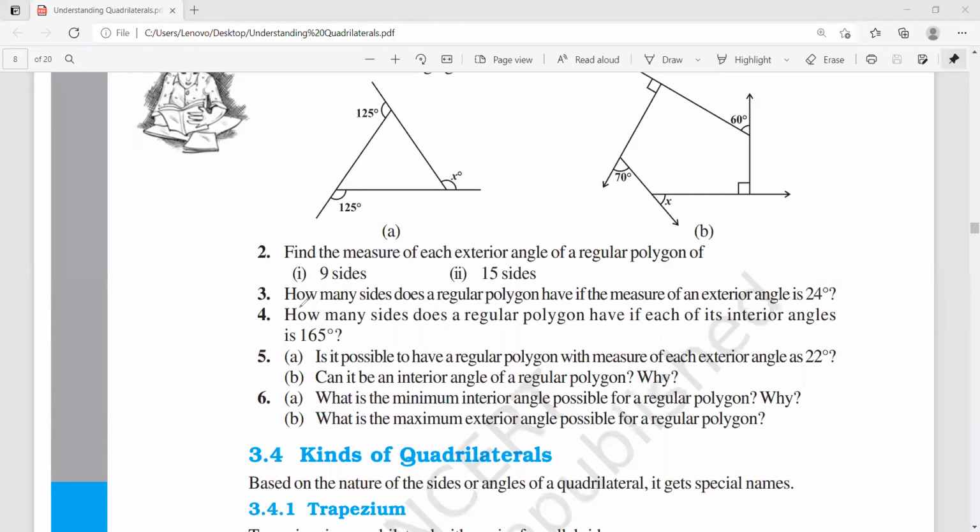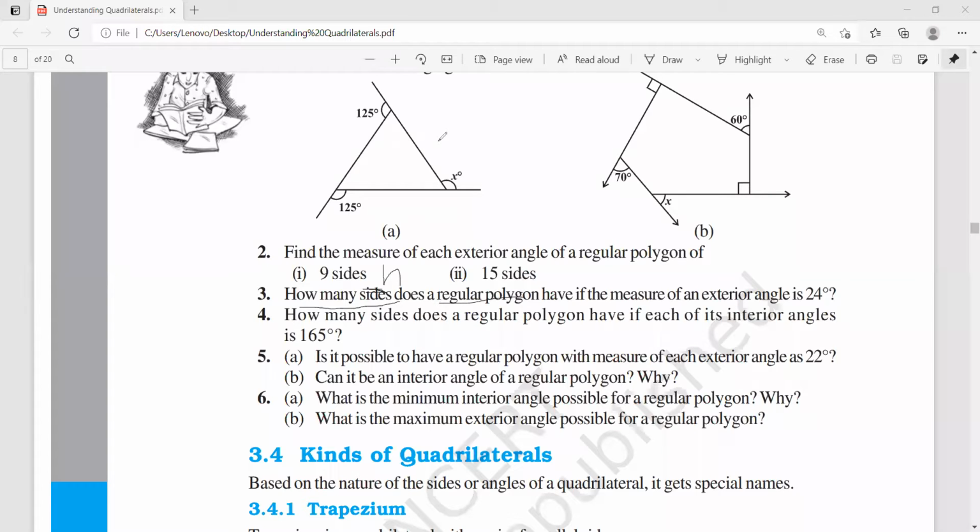Question number 3, how many sides? By which alphabet do we show sides? N. So we have to calculate n. A regular polygon is given.